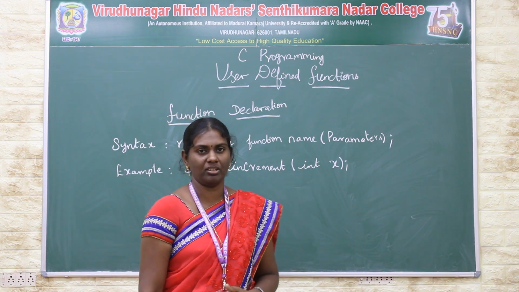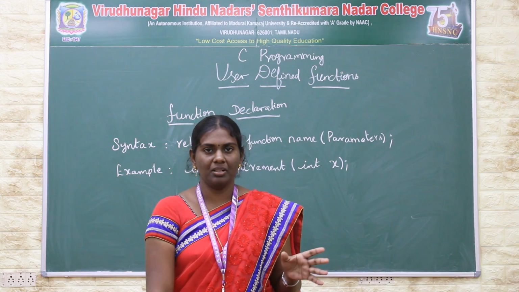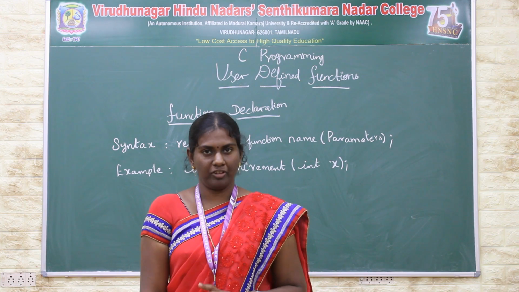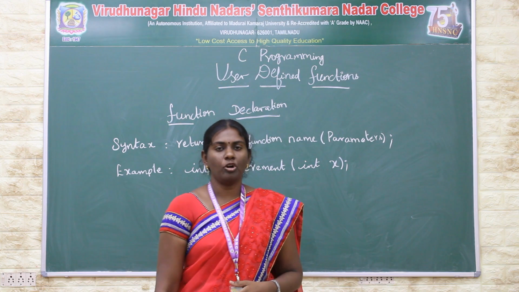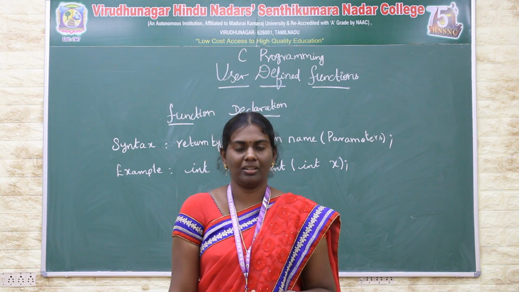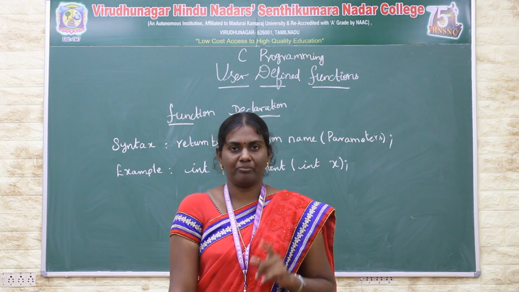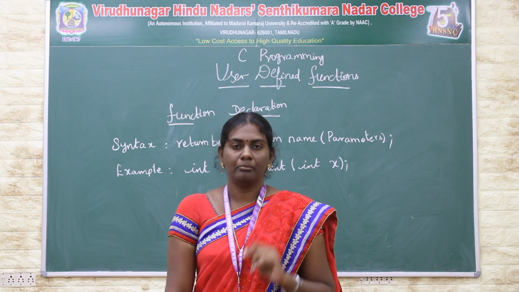Next is the list of parameters. These are the variables that are used inside the user-defined function. Here, these parameters are called the formal parameters. The parameters that are used in the declaration statement of the function are called the formal parameters.